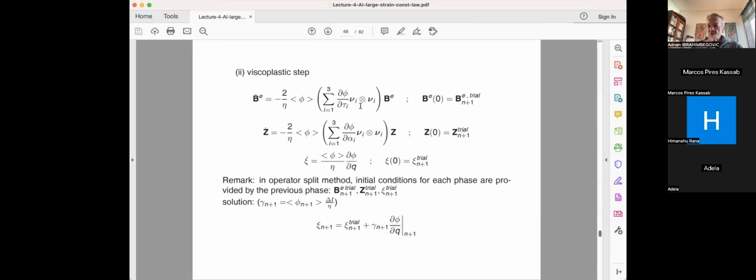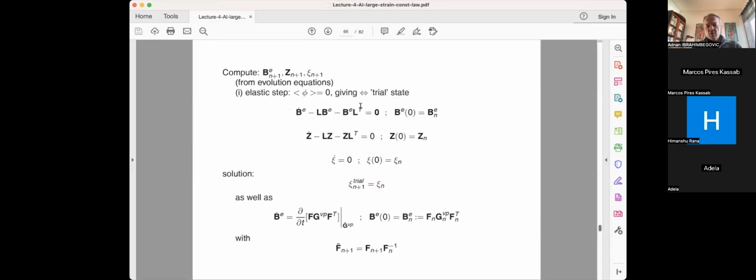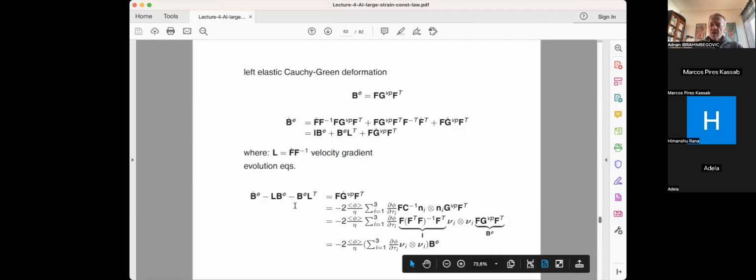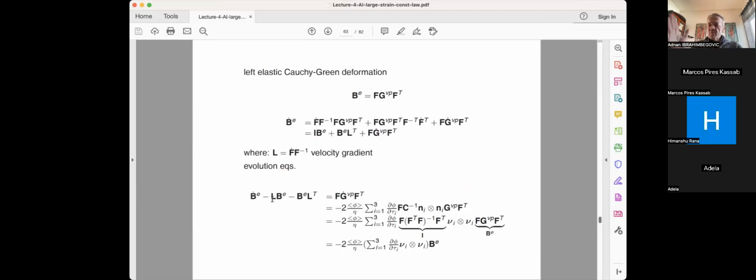You see, I no longer move the deformed configuration. So here you really have a split when you're having this type of evolution equation in terms of the rates. When you're doing the elastic trial step, you're actually already moving part of this stress rate equation, or here the strain rate equation.